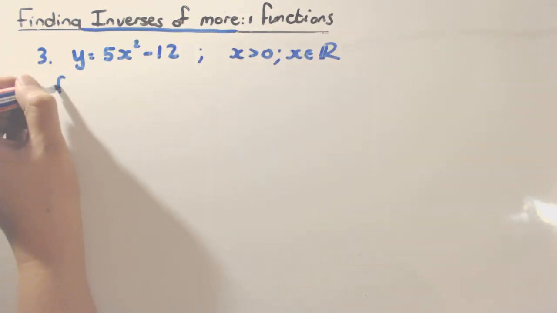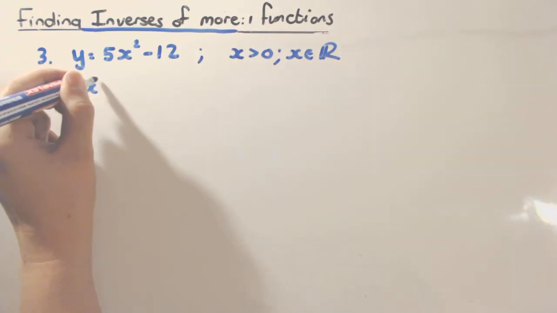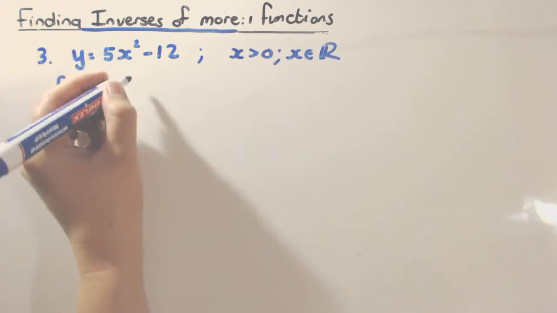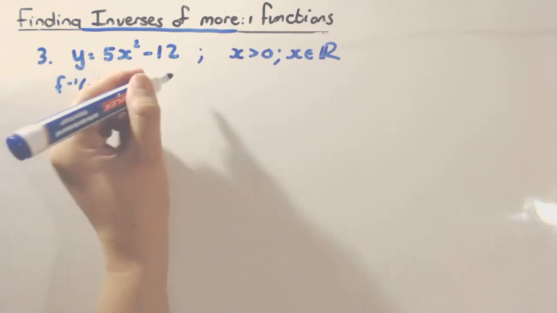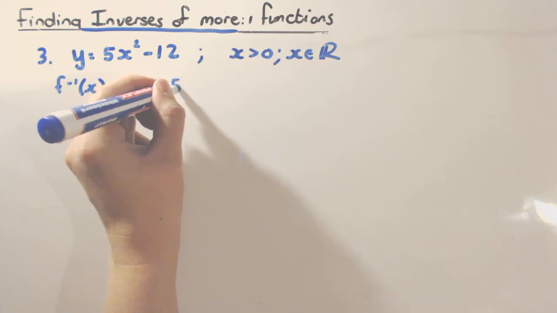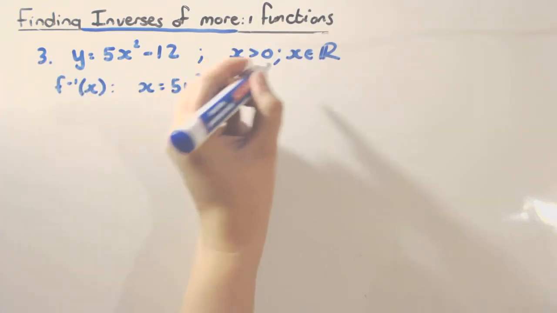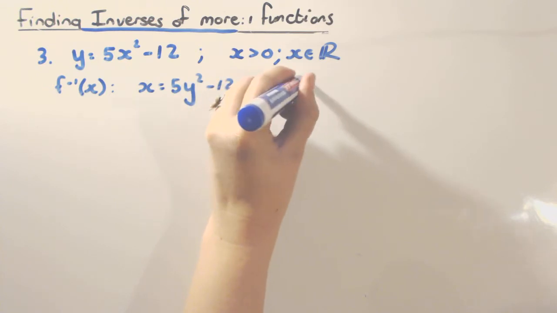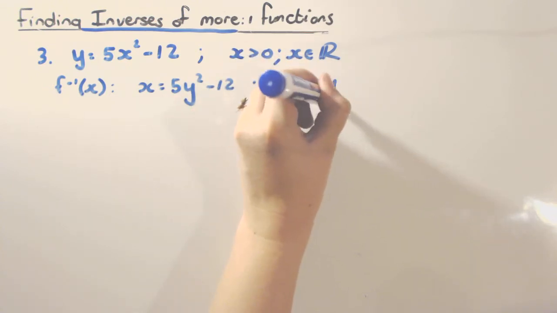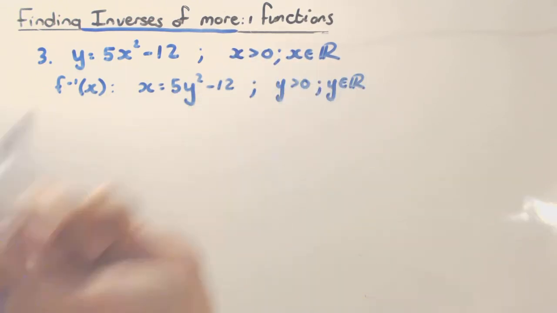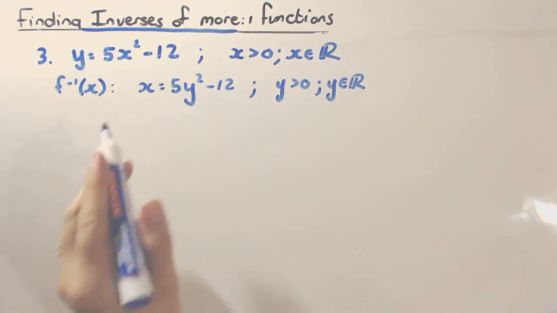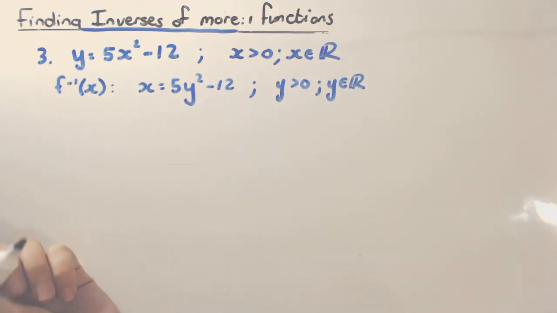Then if I find my inverse, I'm going to swap the x and the y. So I've got x is 5y squared minus 12. And I will then have the restriction that y should be positive real numbers. Right? And then I just want to get y alone.